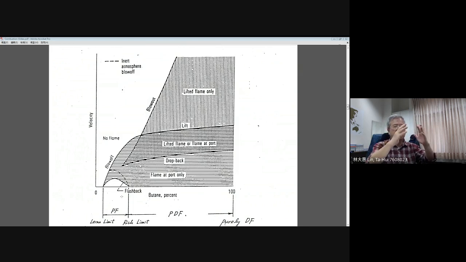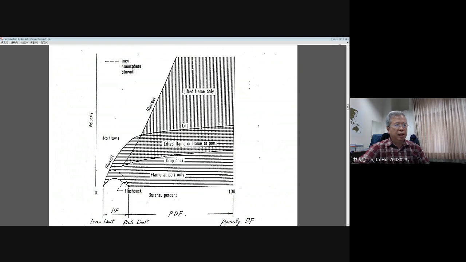The heat will help the premixed flame to survive. This additional support changes the upper boundary for the blow-off. You can see for the rich case, this broken line changes to the solid line, continuously extended.